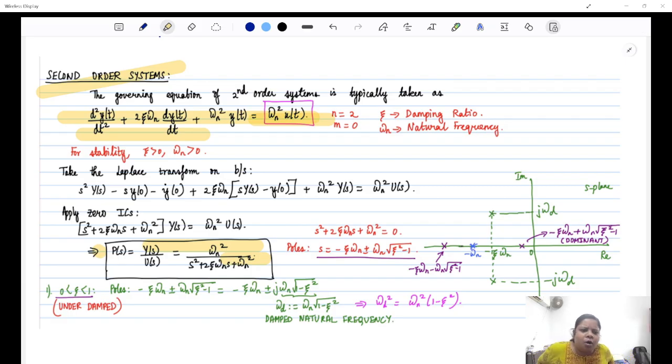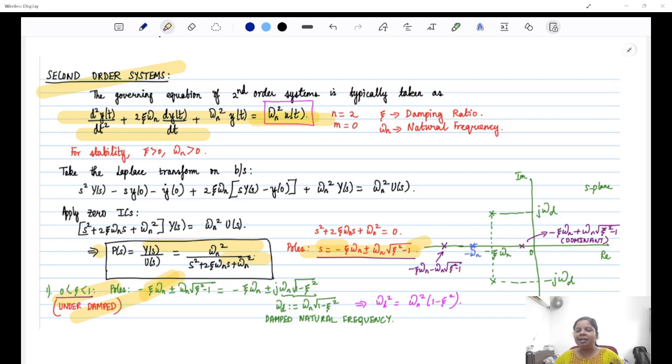After writing this in this form, with a damping ratio and natural frequency, what we found out is that there are two poles of the system from the characteristic equation. It is minus zeta omega n plus minus omega n under root zeta square minus 1. So we usually represent it in this form, and then we saw the underdamped system, in which there are two conjugate poles and both of them lie in the left half of the S plane because the real part of the pole is negative.